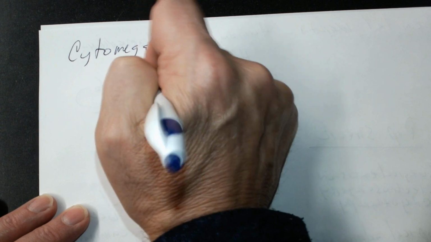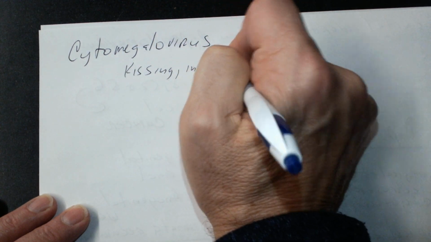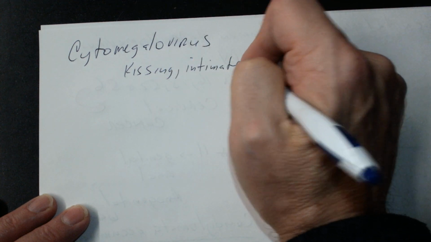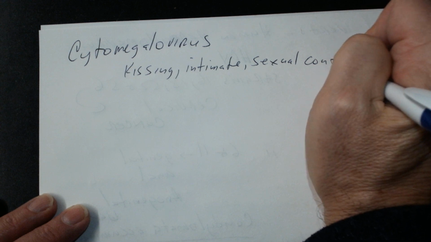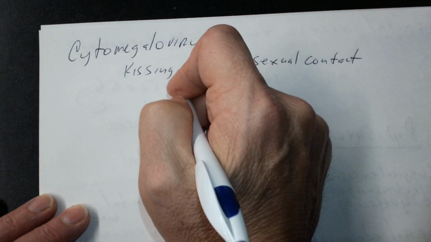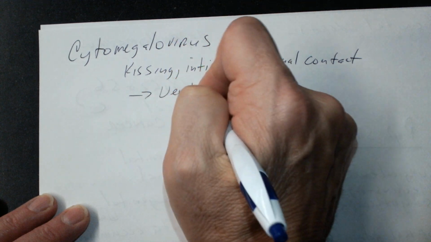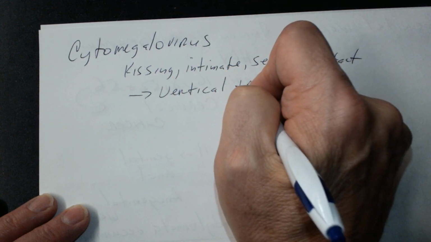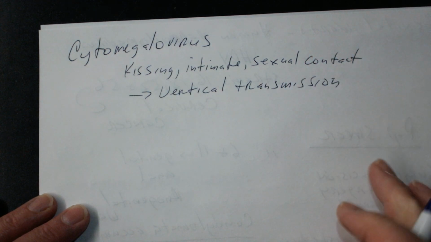It can be passed by kissing or intimate or even sexual contact. And this can be transmitted also vertically. So mother can transmit it to her baby.